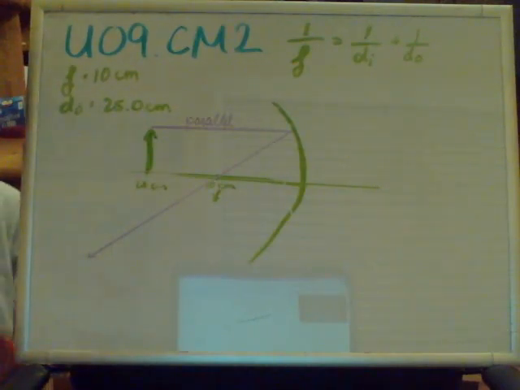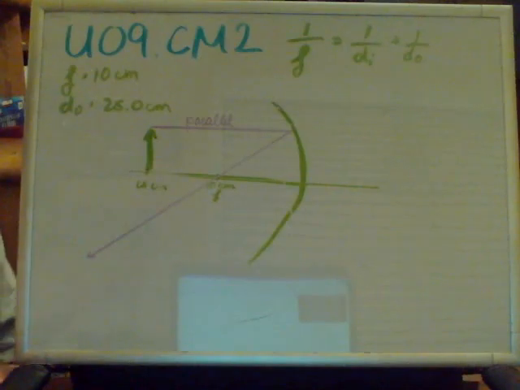Then there are 2 different rays you can use next: the focal ray and the central ray. For the central ray, you have to have the center of curvature, and we don't really mark the center of curvature, so we're going to use the focal ray.